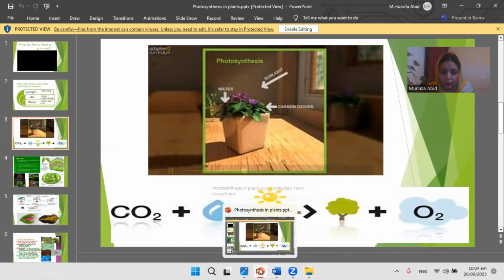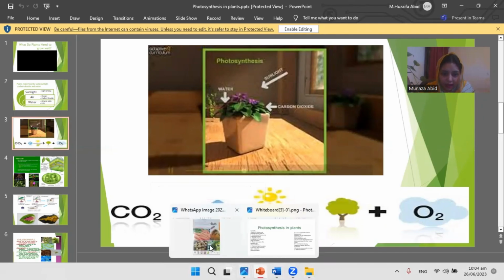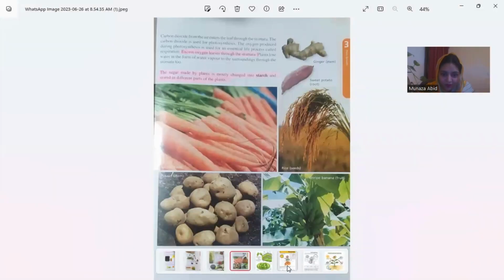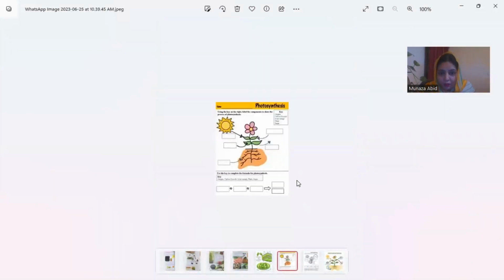Now, I have some work for you. I'm giving you an index card. Draw the photosynthesis process and complete the photosynthesis equation. Right now, I will help you by showing the photosynthesis equation here. Can you see?